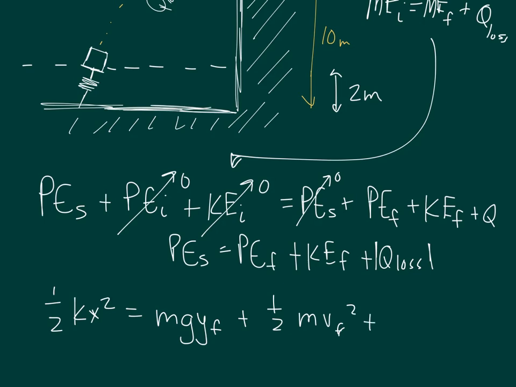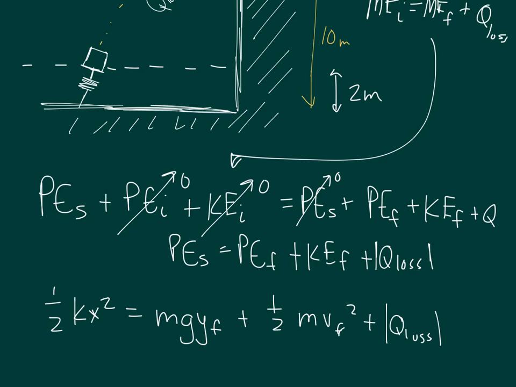And some energy has been lost along the way. Again, all I'm doing is using my formula sheet. 1/2 kx squared goes in for PES. mgy goes in for PE. 1/2 mv squared goes in for KE. I'm applying subscripts accordingly. F for final.